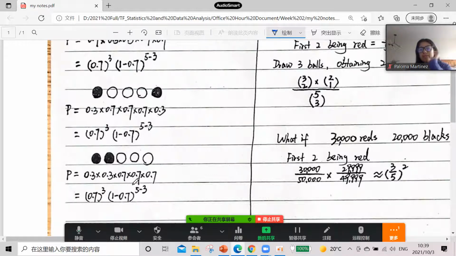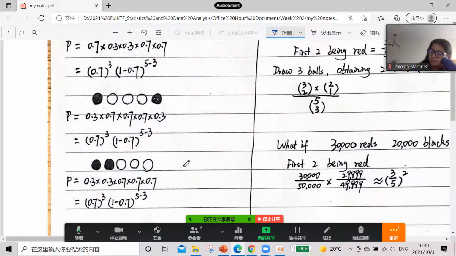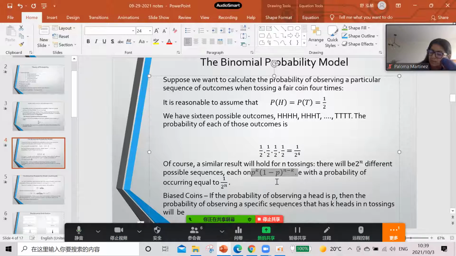So in the first line, it's somewhat different because the 0.3 and 0.7 show up in different positions. But you see, in the second line, all of them can be written as 0.7 to the power of 3 and 0.3 to the power of 2. So this example gives you intuition of how to utilize this binomial formula.